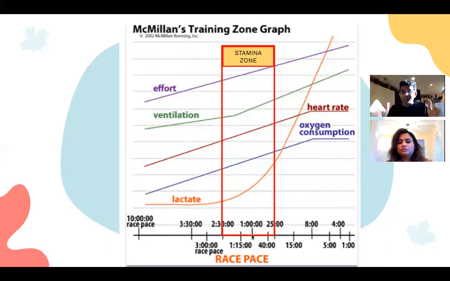That means you're actually increasing your CP. This is the beauty of stamina zone training. When you do stamina zone training, you're pushing your body, you're struggling for some time, but because of that struggle, you are getting better at your endurance zone pace. That is why in between you do endurance zone run, stamina zone training, endurance zone training, stamina zone training.